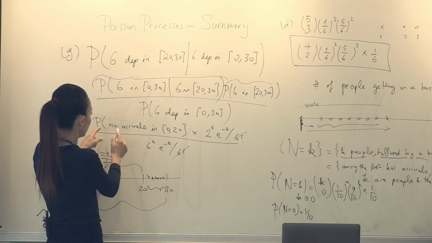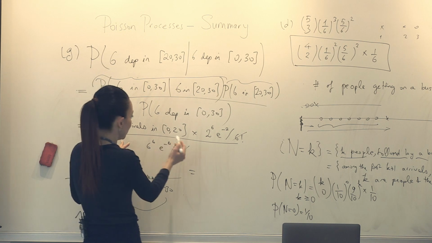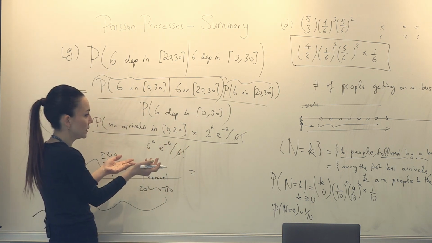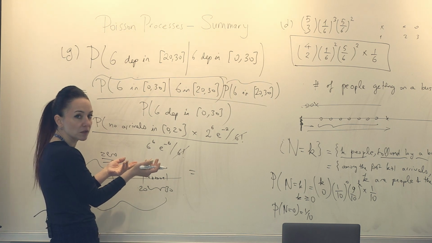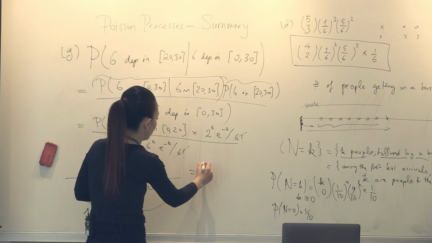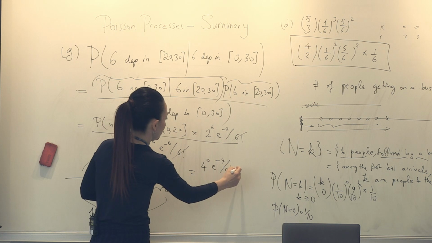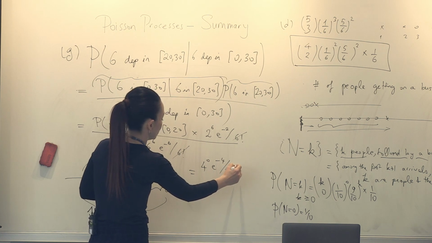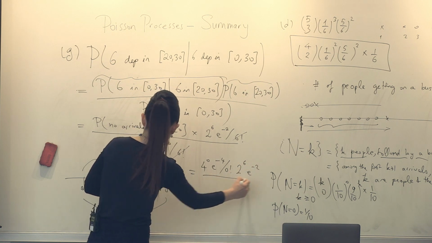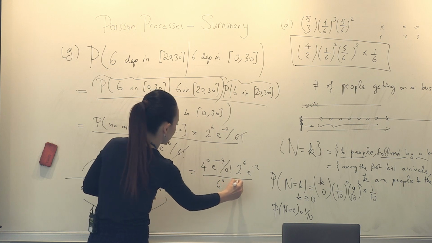And no arrivals in 0 to 20. Lambda times 20 is 4, right? 4 to the 0 e to the minus 4 over 0 factorial, times 2 to the 6 e to the minus 2, over 6 to the 6 e to the minus 6.